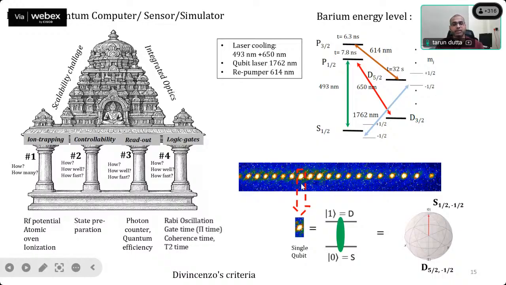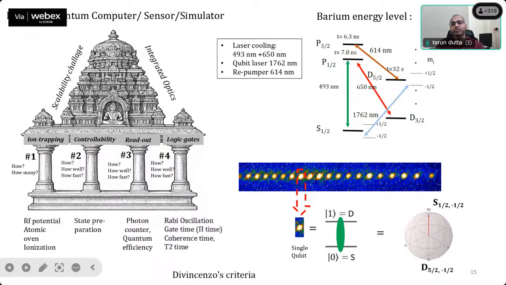Here you can see pictures of many ions. Each ion represents a qubit. Here I have shown one ion, and this ion is equivalent to a two-level state. You can understand it in terms of the Bloch sphere. As I said, 1762 nanometer is the qubit laser, addressing the S1/2 minus half to D5/2 minus half Zeeman levels.